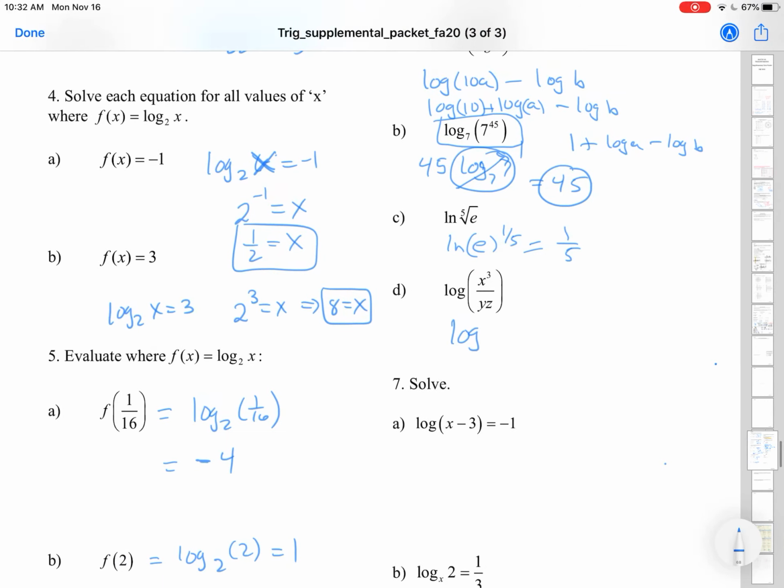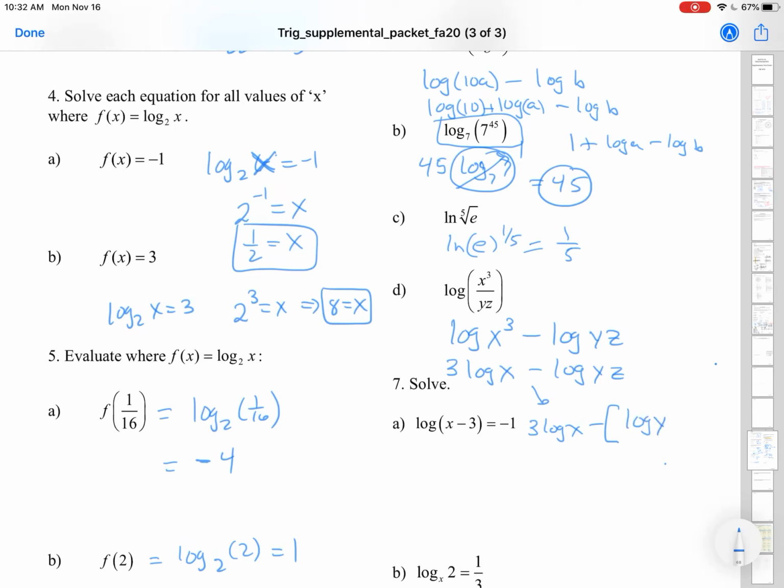And then this last one is very common. Right here, I'm going to use the property that if you have a division, you can split it up over a subtraction. Now there is a common error here. The next problem I'm going to do is bring down that 3. They'll want us always to get it into these logs of single things with no powers. So that's 3 log of x going along for the ride minus, and then be careful here.